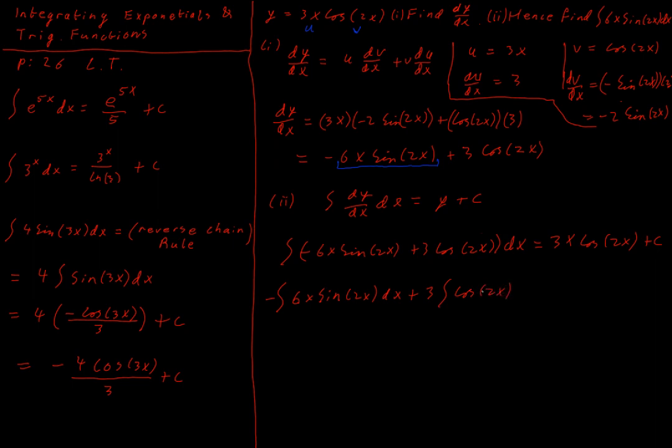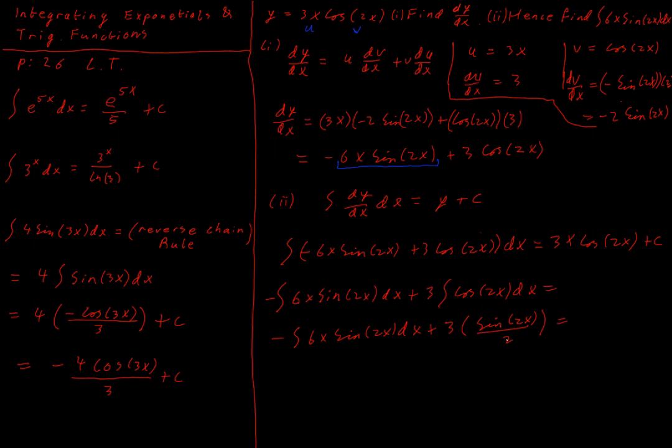So we end up with minus integral of 6x sine 2x dx plus 3 on integral of cosine is sine 2x, and then we do our reverse chain rule business where we end up dividing by 2, and that's equal to our right hand side.